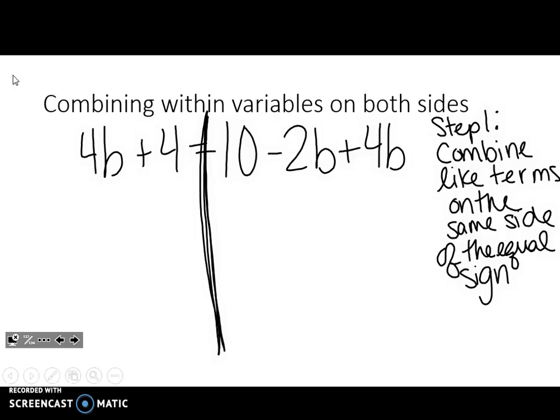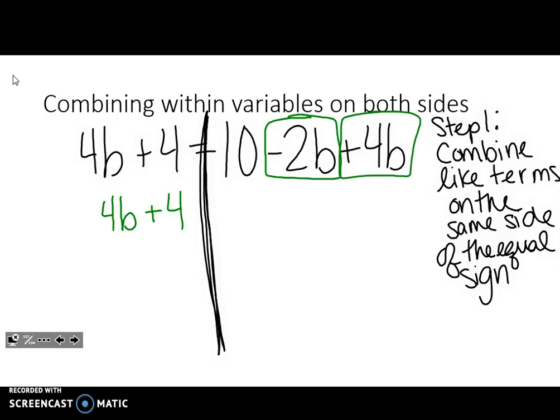So within this problem, on the left side, there's nothing to combine. That 4b plus 4 cannot be put together because one has a variable and one does not. On the right side, we have a negative 2b and a positive 4b.